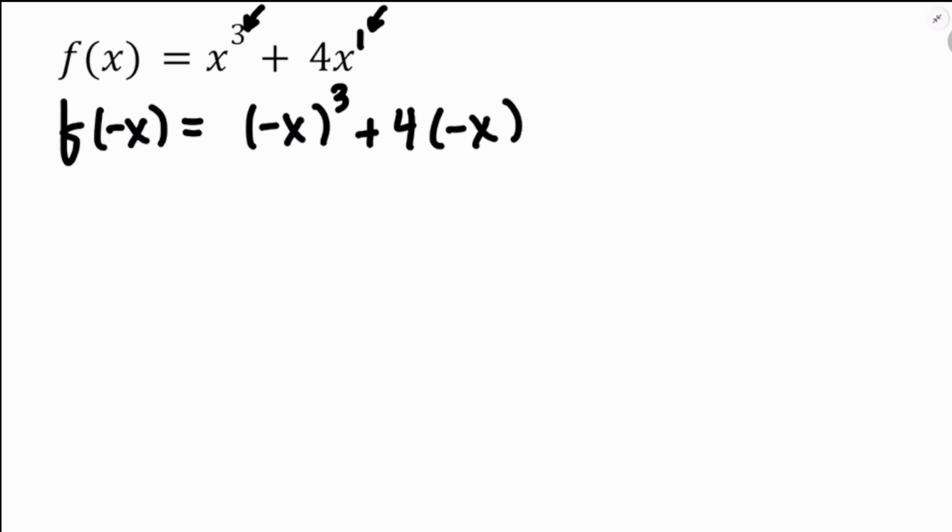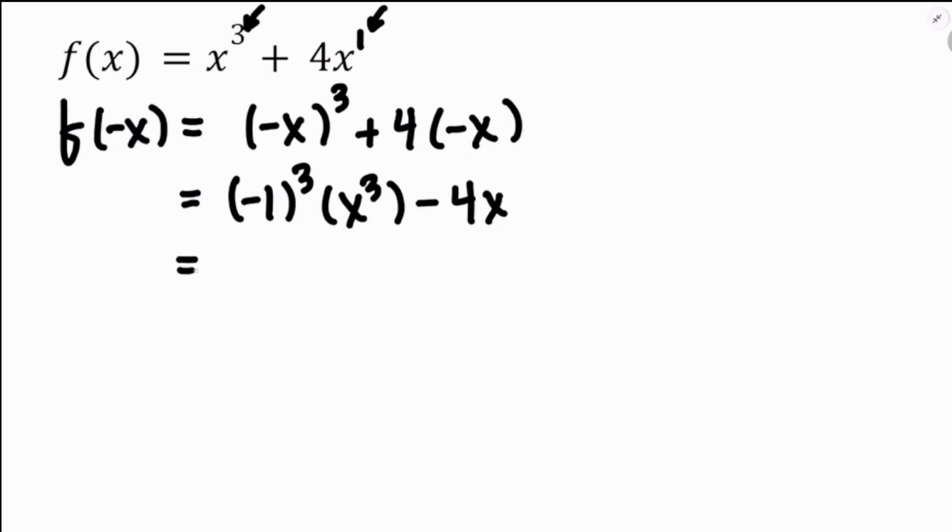Well, if I take negative x to the third power, I'll have negative 1 to the third and x to the third, plus 4 times negative x, that'll be minus 4x. And negative 1 to the third would be negative 1, so I have negative x to the third minus 4x.